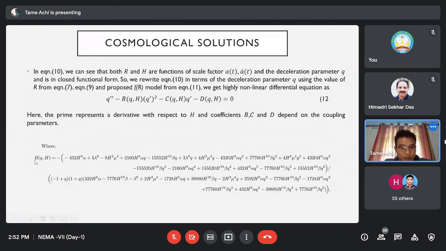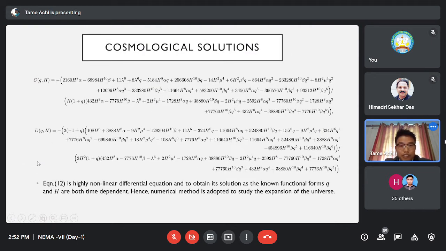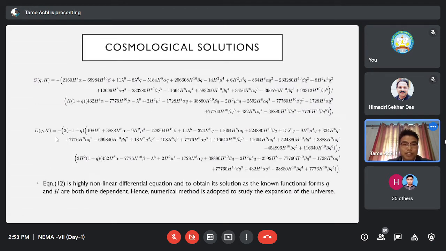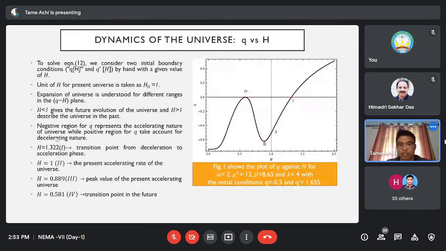These are coefficients B, C, and D. To solve equation number 12, again we use numerical techniques, and we have found this plot.